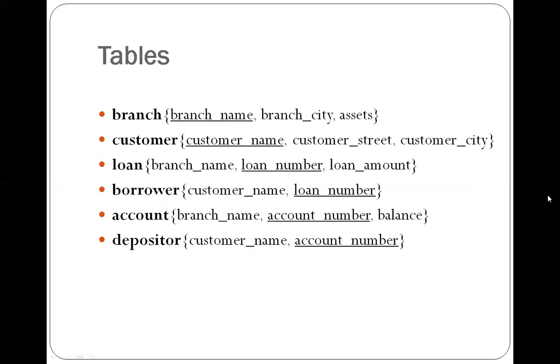In the branch table, there are 3 attributes: branch name, branch city, asset. Branch name is the primary key of that branch table. All these underlying attributes are the primary keys for the corresponding tables.